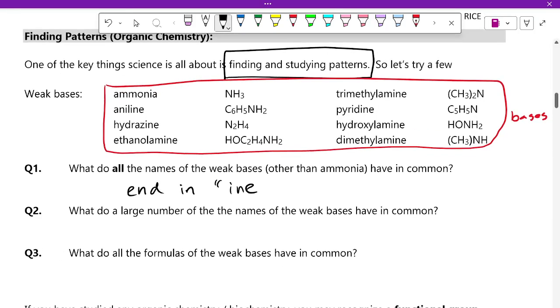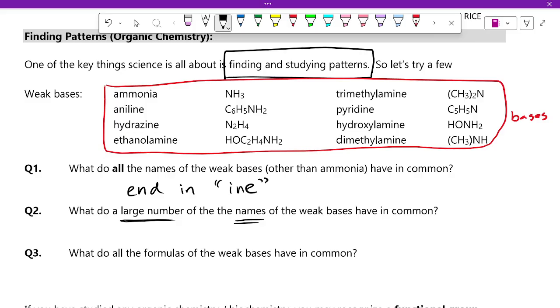What do a large number of the names of the weak bases have in common? Not all of them, but a large number of them. The names. So we're still focusing on the names.